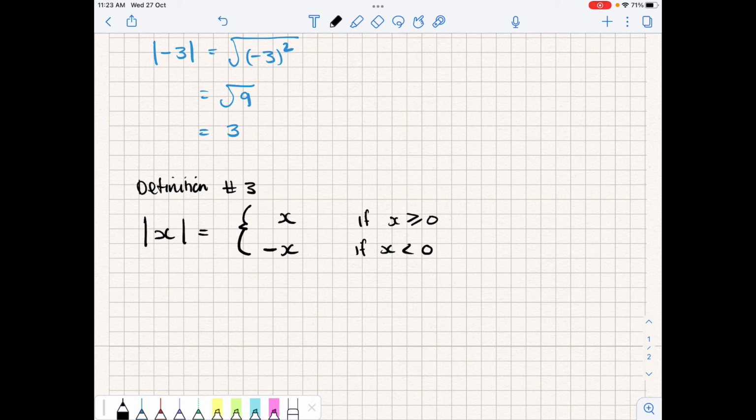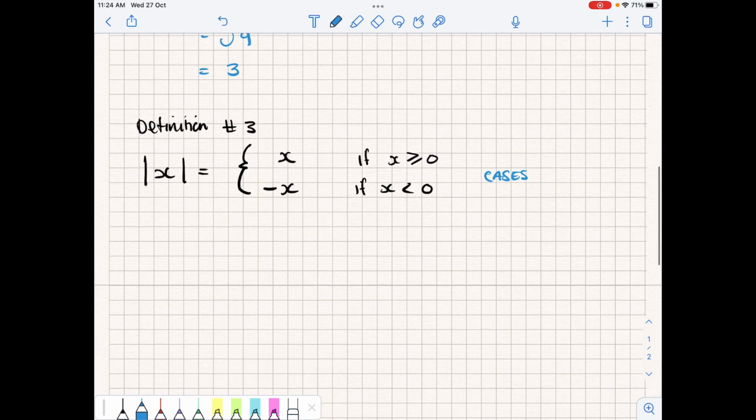Because it's an unknown, we have to consider that the number could either be positive or negative. So just like when you're working with quadratics where when you take the square root, you have to consider both the positive and negative solutions. With absolute value, you have to consider all the different scenarios. And these scenarios are what we call cases. Okay, the negative case or the positive case.